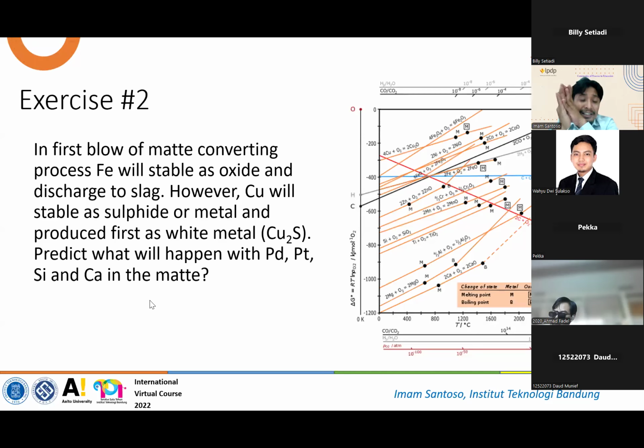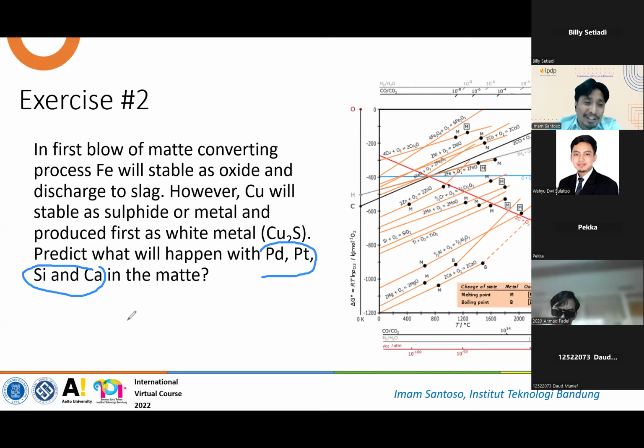At this condition, iron becomes iron oxide, but copper will become copper, not copper oxide. And then what happens with metals like palladium, platinum, silicon, and calcium? Will palladium, platinum, silicon, calcium become an oxide?